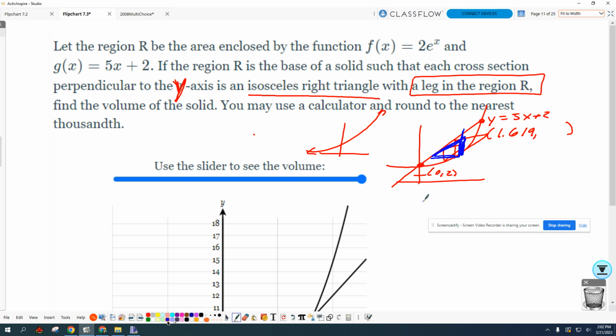They all need to be x equals blah, blah, blah in terms of y. So this equation, the curve, y equals 2e to the x, I'll do the easy part, solve for x. How y'all do that? ln. So ln y over 2 equals x.